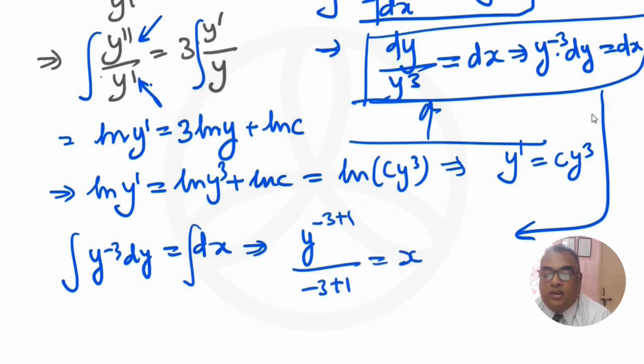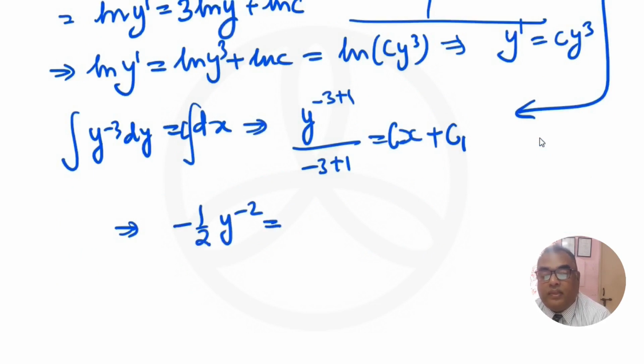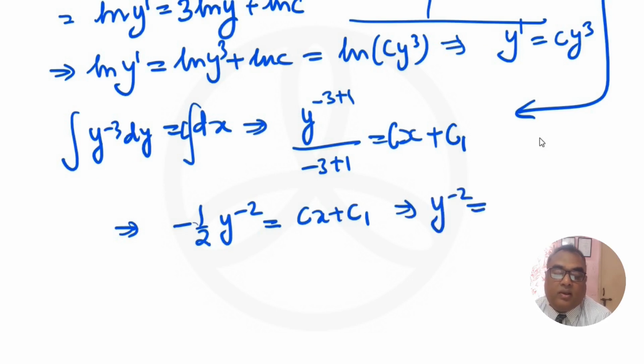C has to be there, so actually this will become cx plus another constant c1. This will be minus half y to the power minus 2 is equal to cx plus c1. I'll multiply the entire expression by minus 2, and we will get y to the power minus 2 is equal to minus 2 cx plus c1.